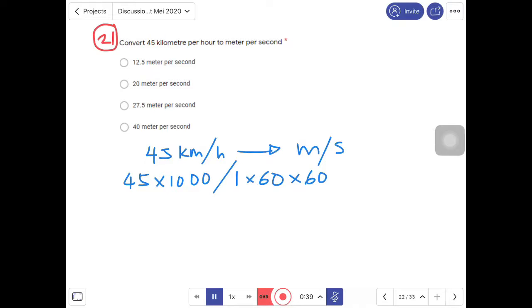So we get 45,000 meters over 3,600 seconds, and then we simplify these values, and lastly we get 12.5 meters per second.